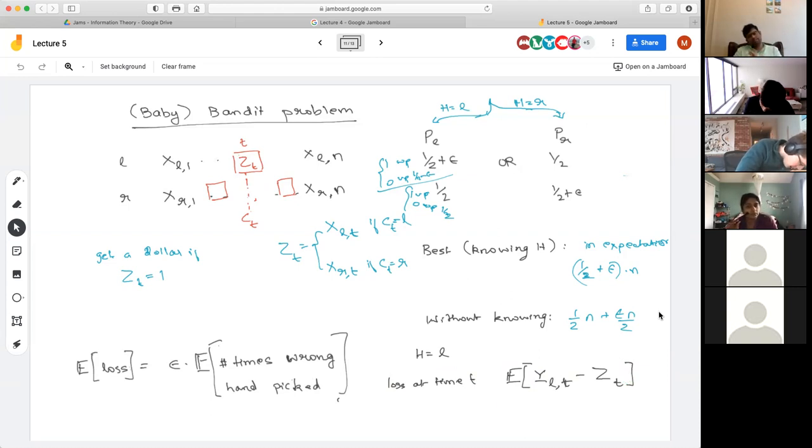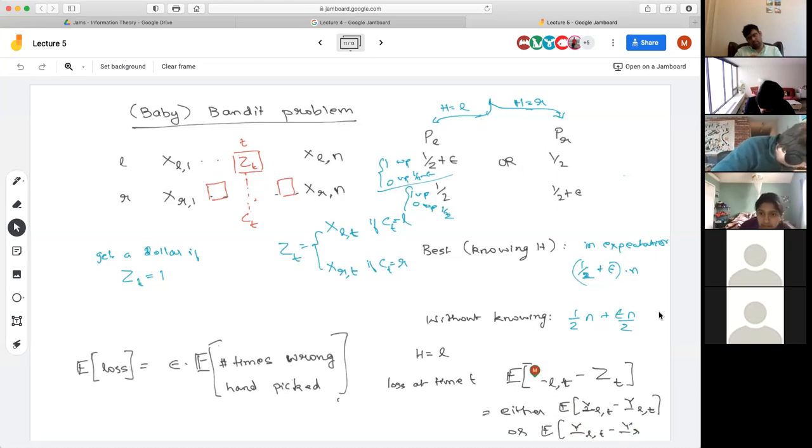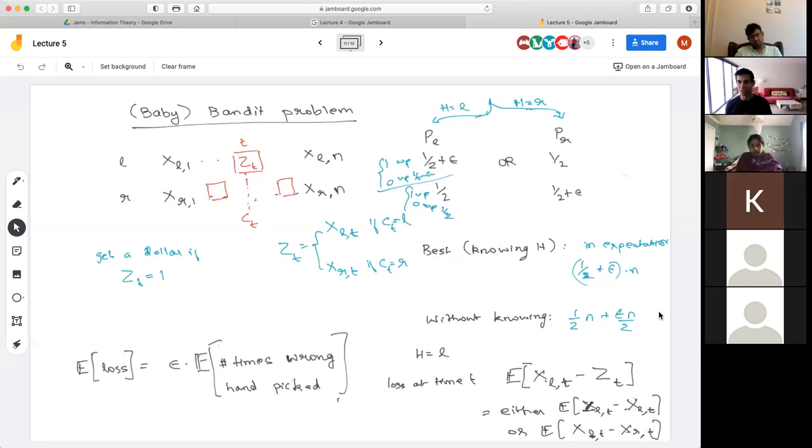Either you actually picked the left hand, in which case your loss was 0, or you picked the wrong hand, in which case your loss was epsilon.